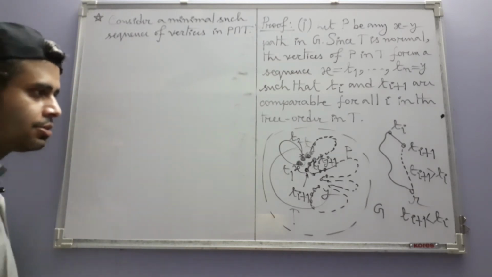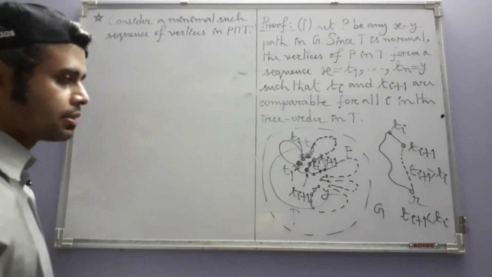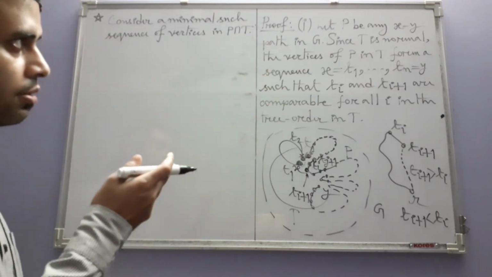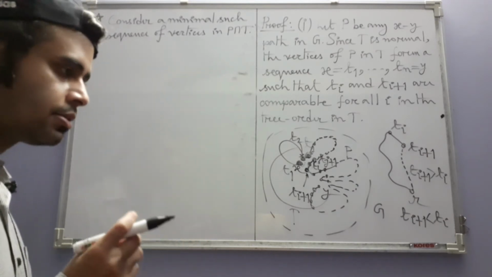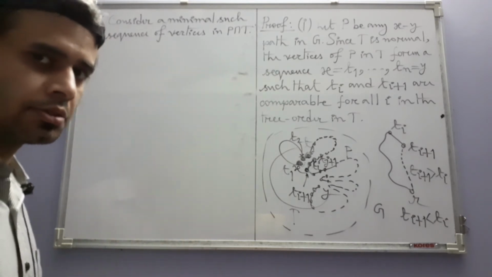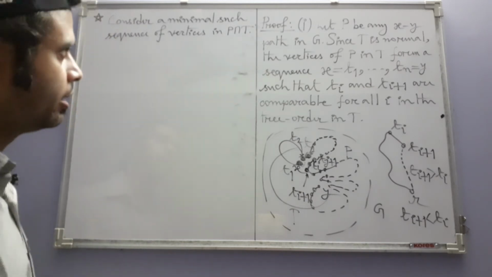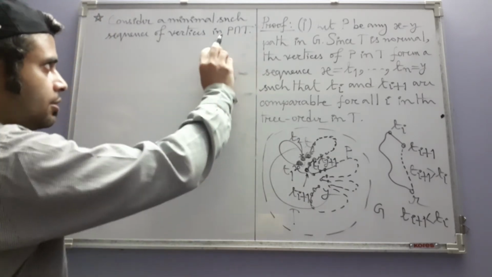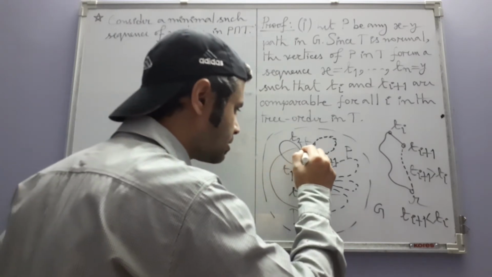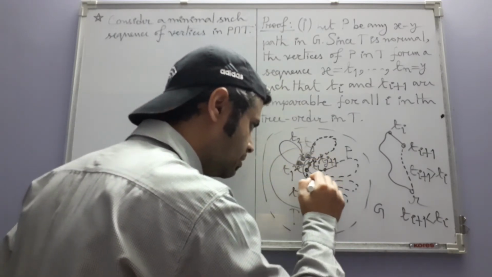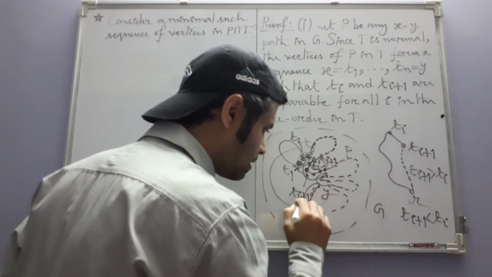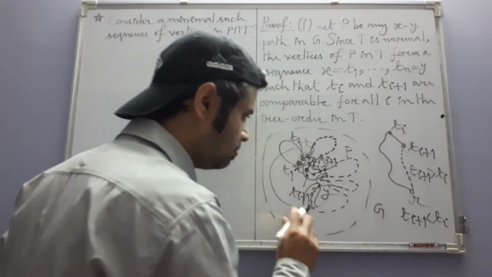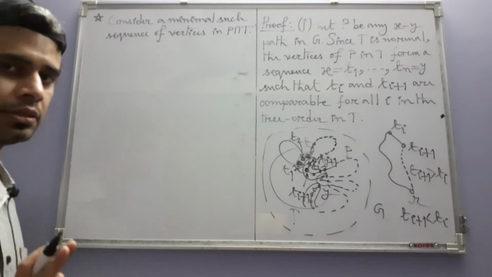The change is not in the set P intersection T itself, because although P is any path joining x and y, once chosen P is fixed. So P is there and we can't change that. T is also fixed. So all the vertices that lie in T and also in P are fixed.